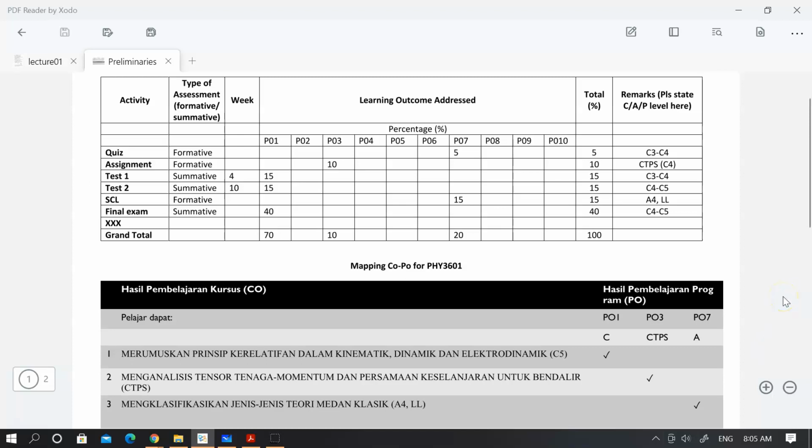I'm still not sure whether your assignment and SEL will be group work, but I suppose at least SEL will have to be group work because it's more in terms of text rather than equations. For the assignment, let me decide later. Hopefully if the number is still small, then you can do it individually. For SEL, perhaps a pair of you pairing up to look into some journal articles.